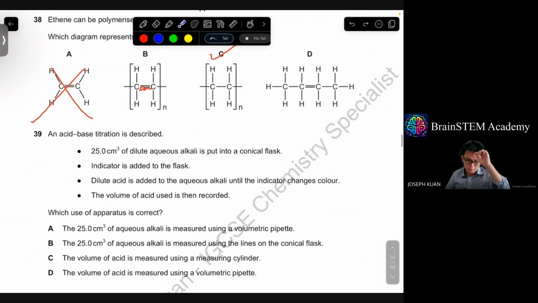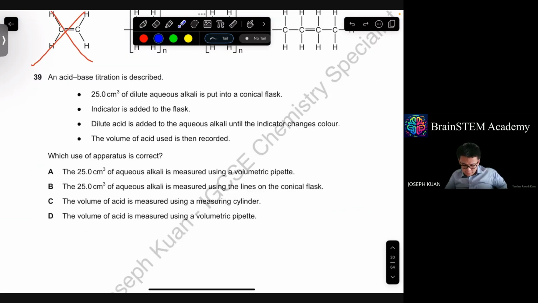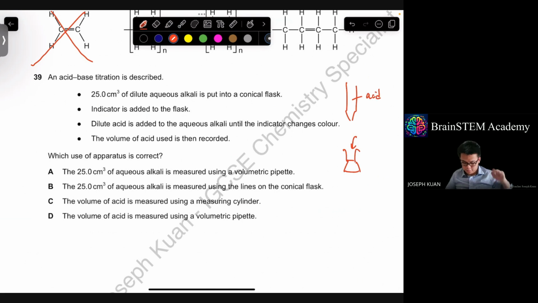That's polyethylene. And 39. An acid-base titration is described. 25 cubic centimeters of dilute alkali is placed in the conical flask, to which an indicator is added, and then we add dilute acid until it changes color. The volume of acid used is then recorded.